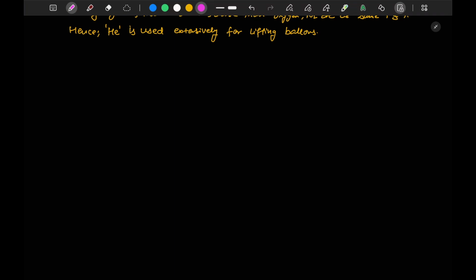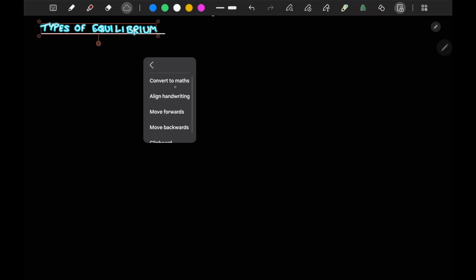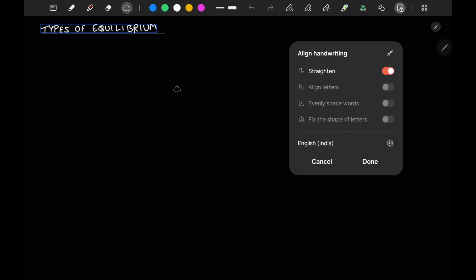Now let's talk about the types of equilibrium.